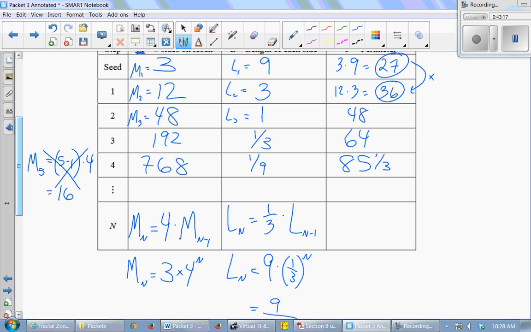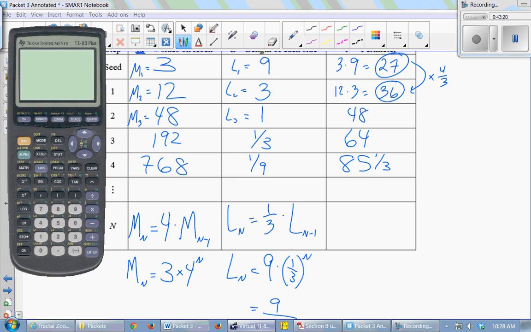If you multiply 27 times 4/3, and again, that 4/3 comes from the fact that the number of sides is going up by a factor of 4, while the length of each side is going down by a factor of a third. So 27 times 4/3 is 36. Times 4/3 is 48. Times 4/3 is 64. Times 4/3 is 85 1/3.